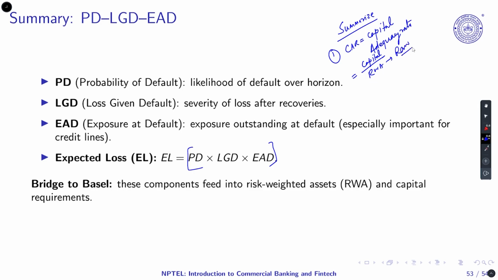Weights were given and you don't have any control on that, you just solve it. So banks were using securitization as a route. Now the second aspect we saw in the Basel norms is that the Basel norms focus on RWA through the standardized approach and the internal rating based approach.